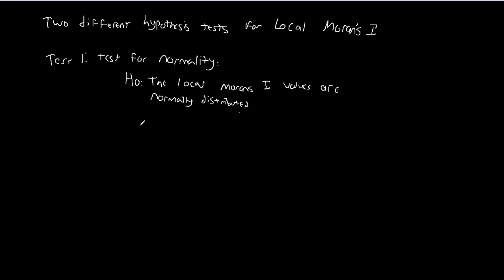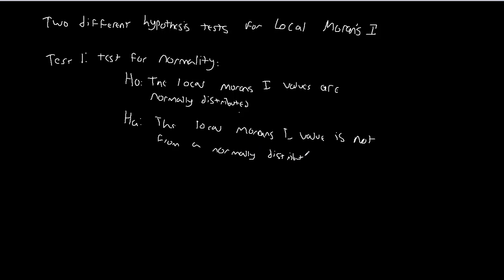Okay. So our alternative hypothesis is that the local Moran's I value is not from a normally distributed population, meaning this is truly an extreme value.